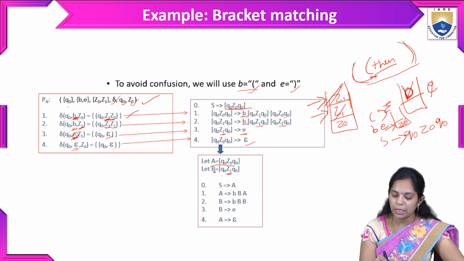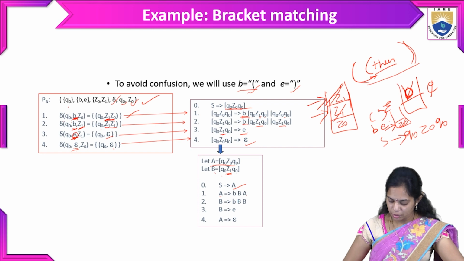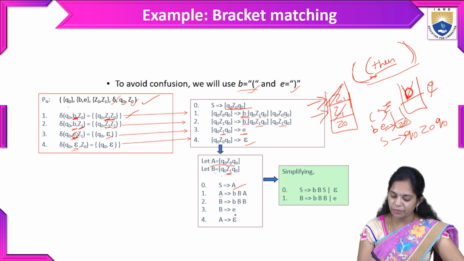So S extends to A, and A tends to the terminal followed by BA and next BA, BB. After simplifying, instead of writing all the production rules, we will write directly S tends to A. We will replace it with the direct production rule BBS. And also we have A tends to epsilon, that we are writing.